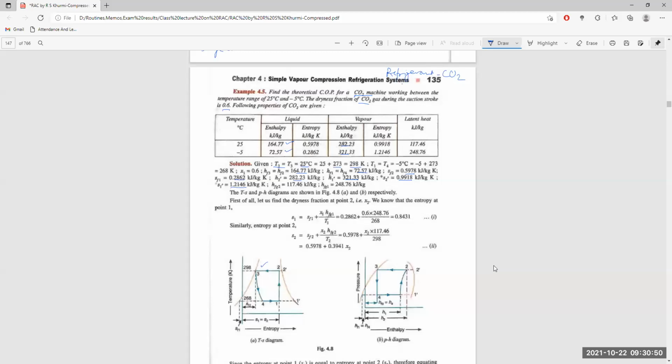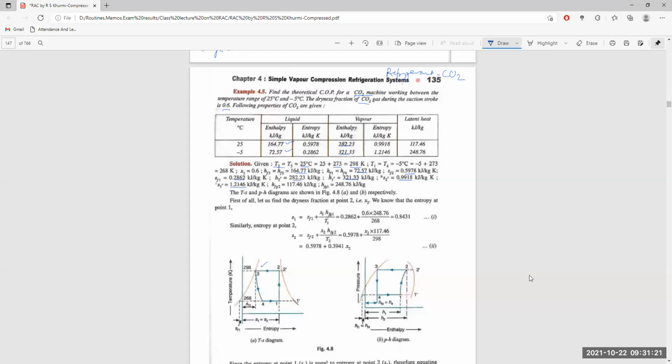After putting in the values and making the calculation, it will become 237.83 kilojoules per kg. As per our equation, the theoretical COP is H2 minus HF3 divided by H2 minus H1. We put in the respective values and find the COP as 3.5757, which is the answer itself.